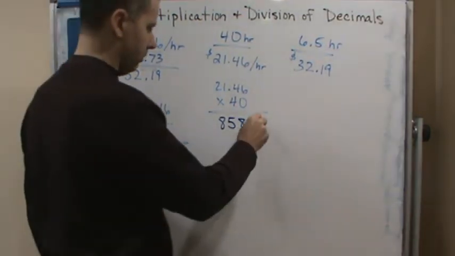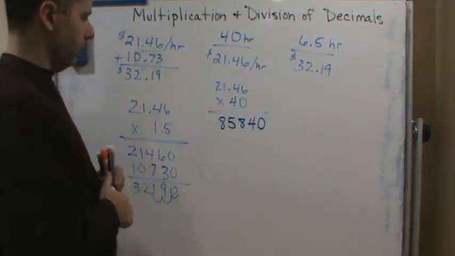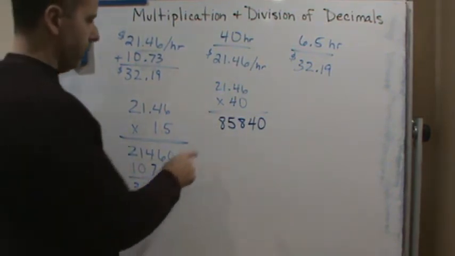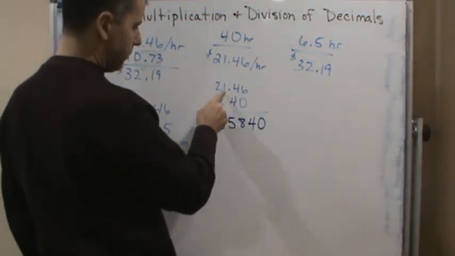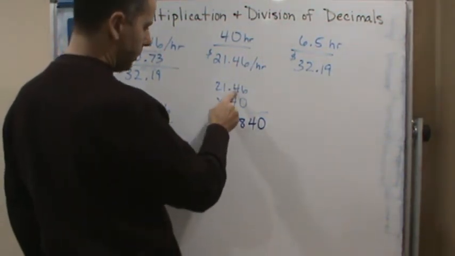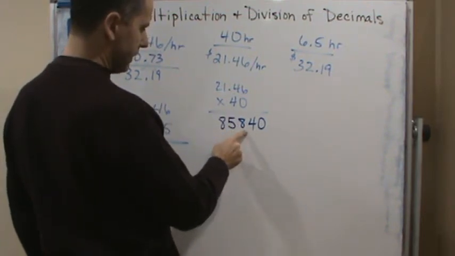So 4 times 2 is 8, 4 times 1 is 4, 4 times 4 is 16, but I have to add here, so this becomes a 5 and I get a 6.